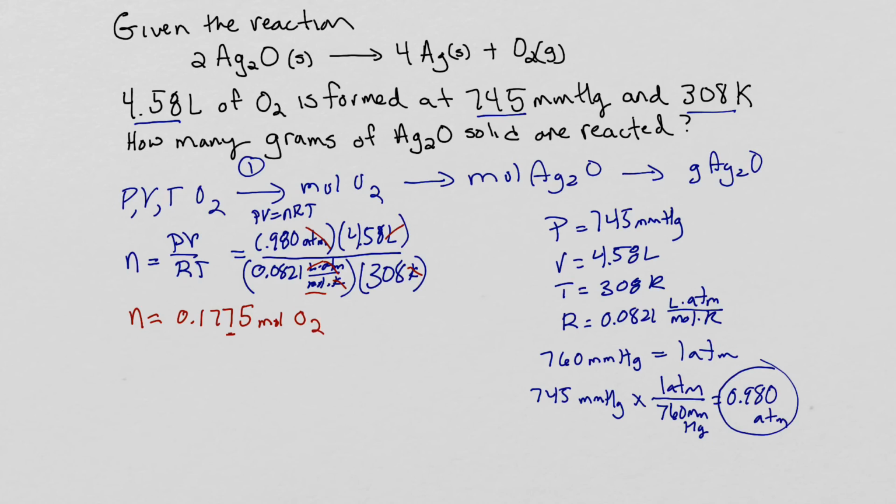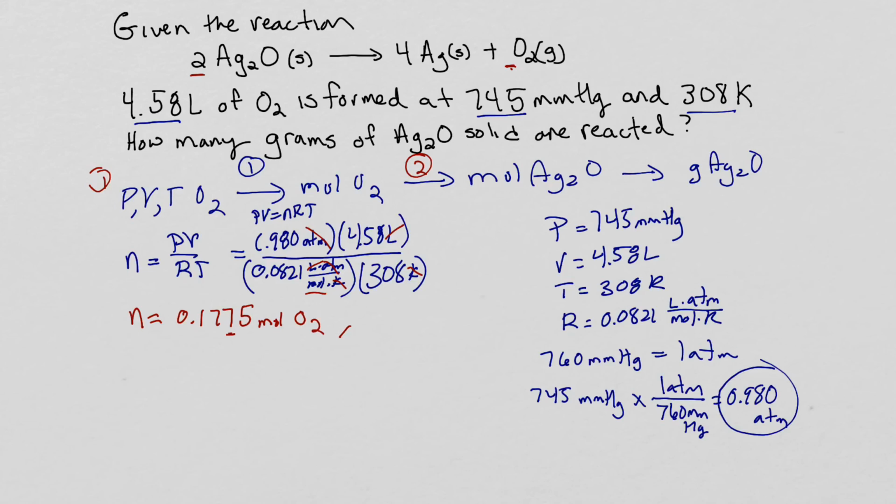So we've done the first step. Now we need to do our second step, right? Go from moles of oxygen to moles of silver oxide. So we go back to our balanced equation, and we see that our relationship is, for every 2 moles of silver oxide, we make 1 mole of O2.